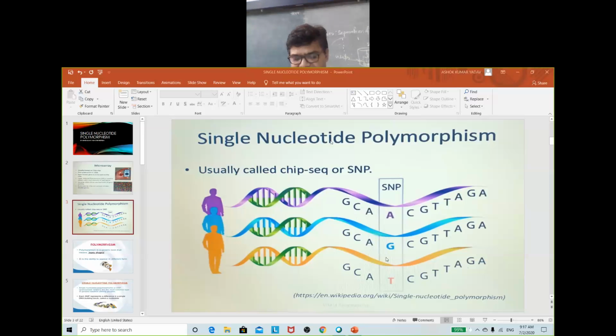Next is Huntington disease. Huntington disease is associated with chromosome number 4. It is given in your CBSE textbook, as per your CBSE textbook. It is due to an increase in the number of copies of CAG repeat in chromosome number 4. You can find 35 times repeat of CAG, that is the codon.